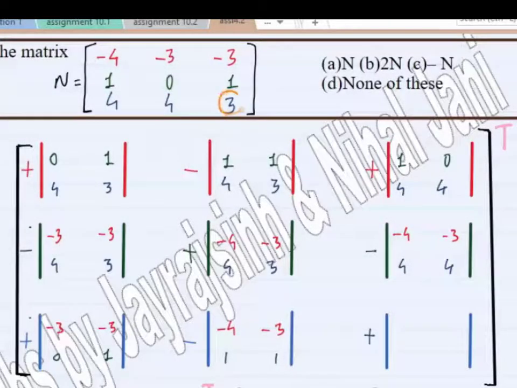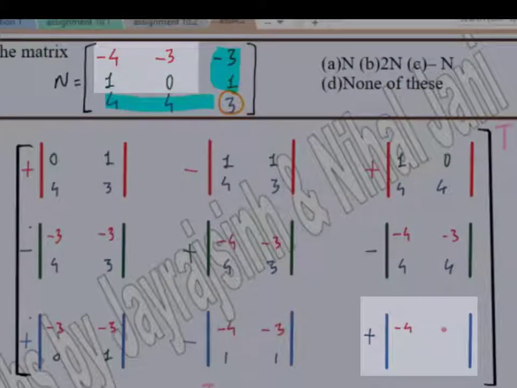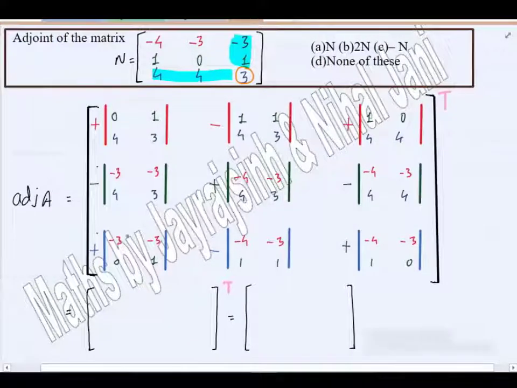The last element, in the third row third column, its cofactor will have a positive sign and the elements are -4 -3 1 0. Now we just have to simplify and take a transpose to get our adjoint.